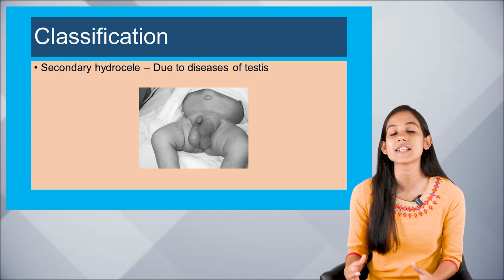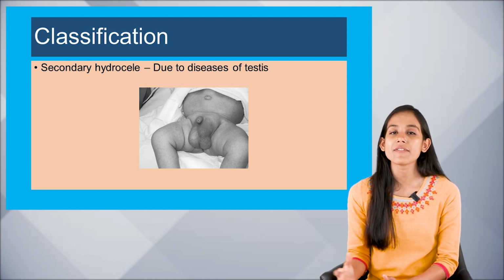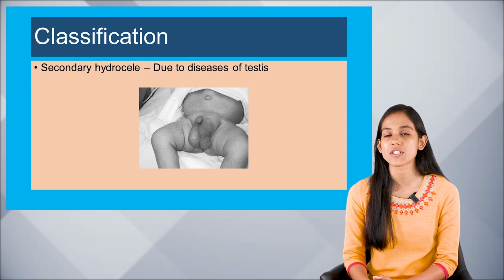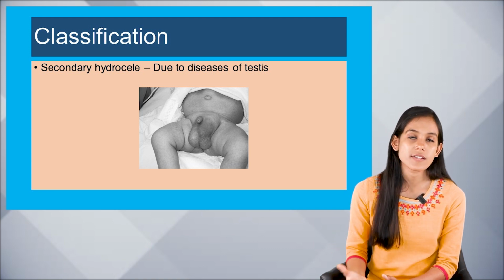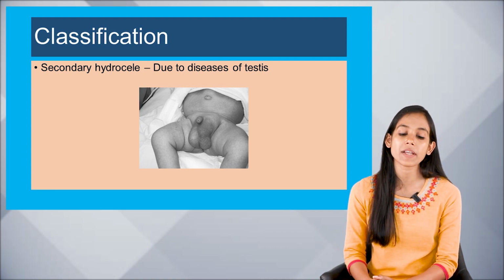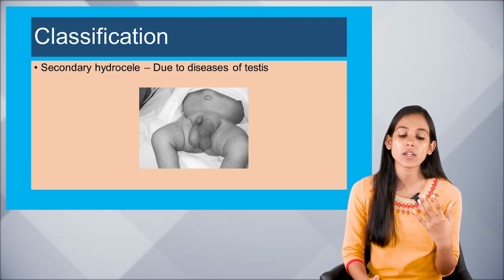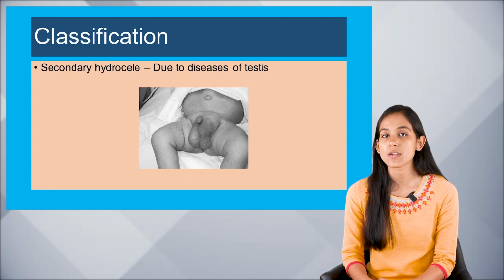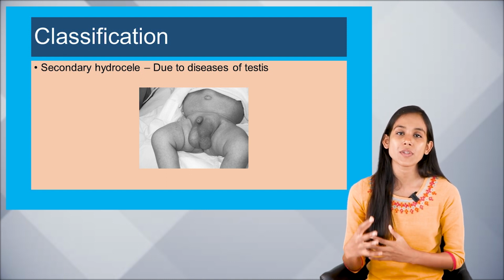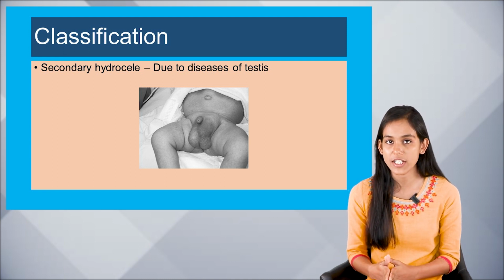When there is disease of the testis. There are several diseases of the testis which can cause secondary hydrocele. For example, if there is TB of epididymis, or testicular tumors, the child might develop secondary hydrocele.